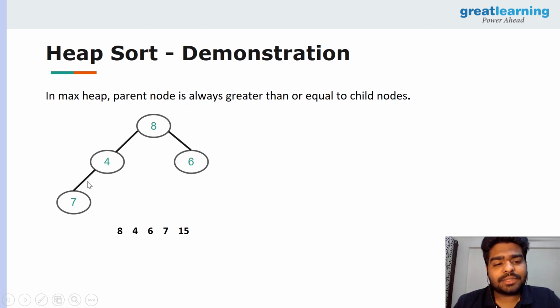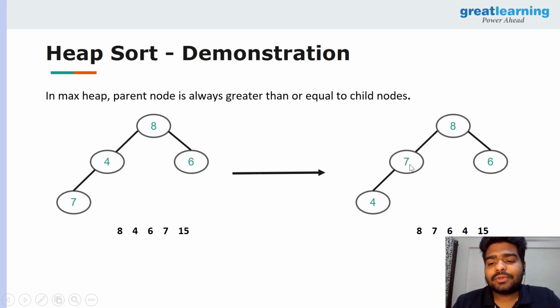Don't you think we need to swap this also to make it a perfect max heap? Let's do that. So you can see now we have swapped it and now it's a perfect max heap because 8 is greater than 7 and 6. 7 is greater than 4. And that's what I'm always repeating. Parent node is always greater than or equal to child nodes.